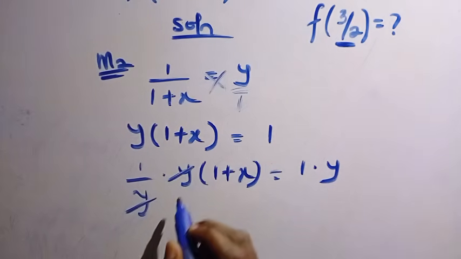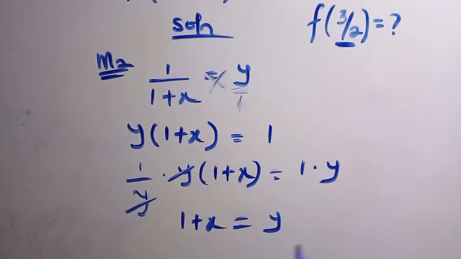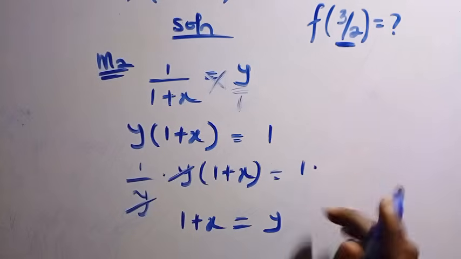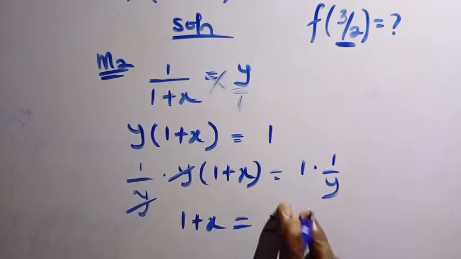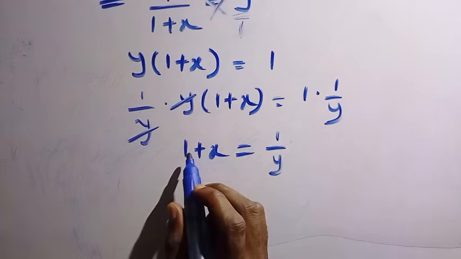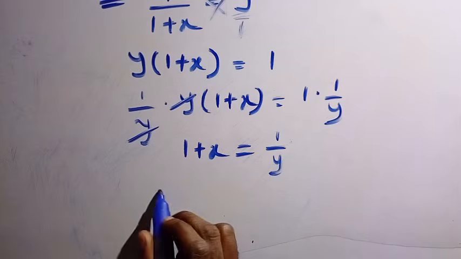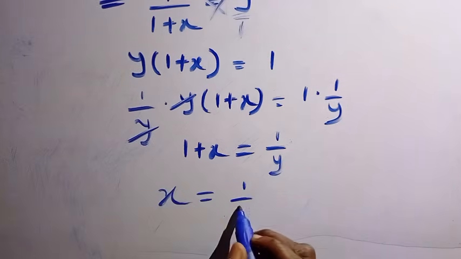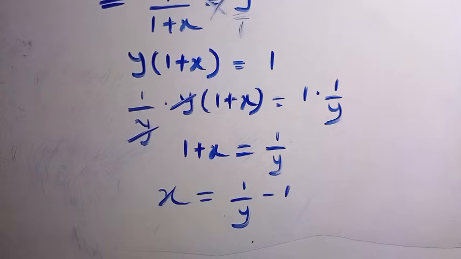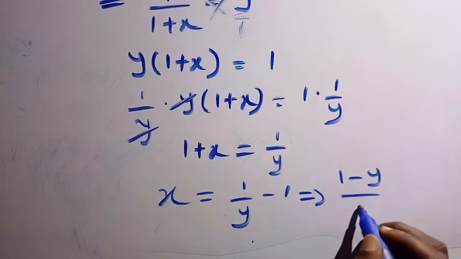So y cancels y, and we have 1 plus x equals, sorry, this is 1 divided by y. So this gives us 1 over y. And we need x. We have to subtract 1 from both sides, as we have x equals 1 over y minus 1, which we can write as 1 minus y divided by y.